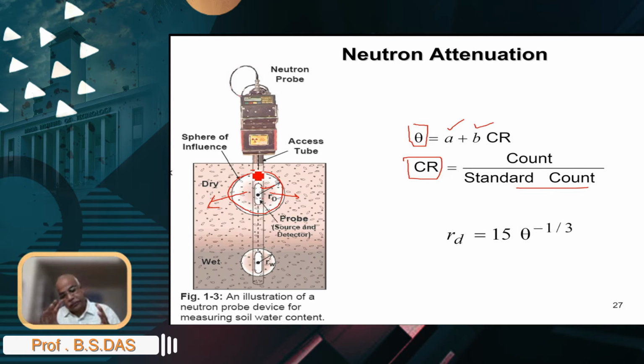So the issue here is that the volume of measurement, even though it is a volumetric measurement, would depend on how wet or how dry the soil is. The radius of that measurement volume is observed to be about 15 times the water content raised to the power of -1/3.